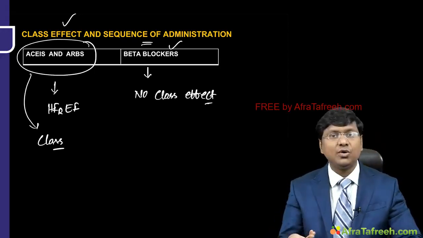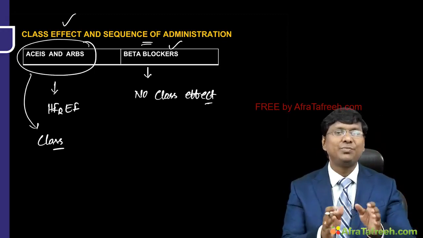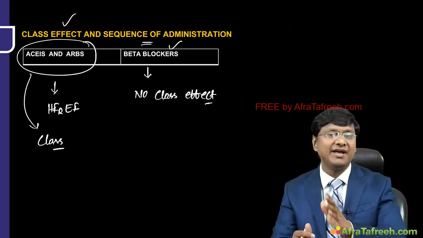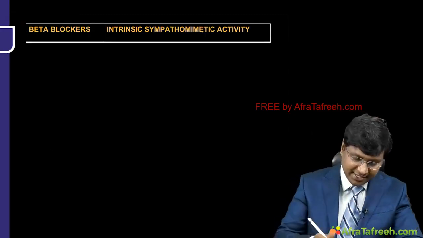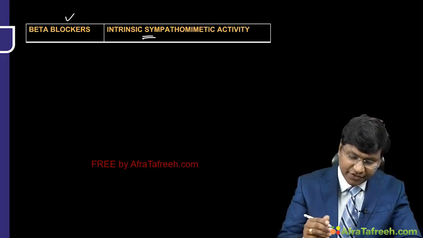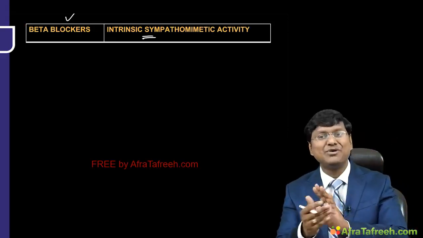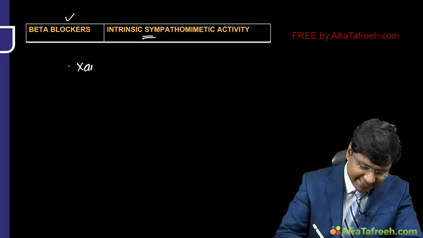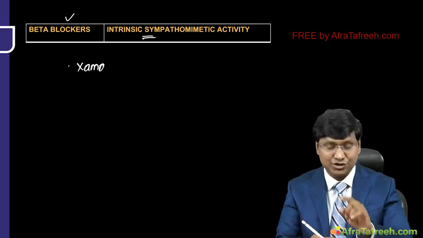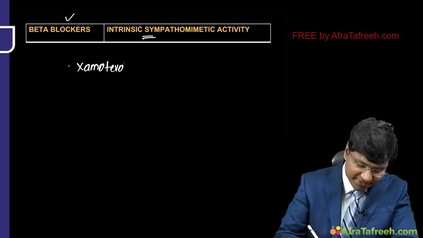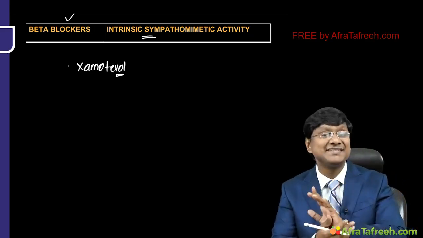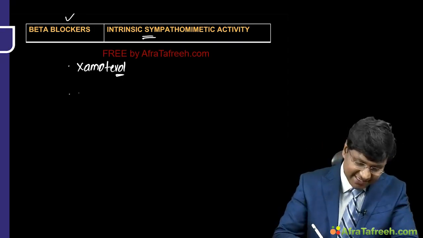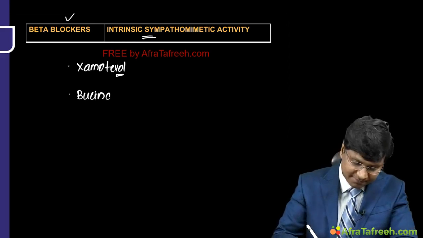Now, let me tell you an example. What are those group of beta blockers which should be avoided in heart failure with reduced ejection fraction? We have some beta blockers which have intrinsic sympathomimetic activity. What are those drugs? That includes, for example, xamoterol. This is one particular drug which has intrinsic sympathomimetic activity. And another important drug is bucindolol.